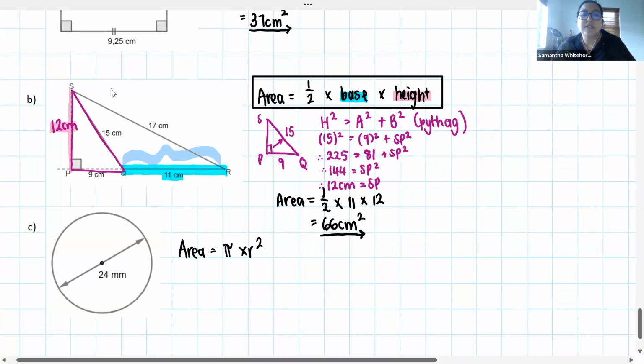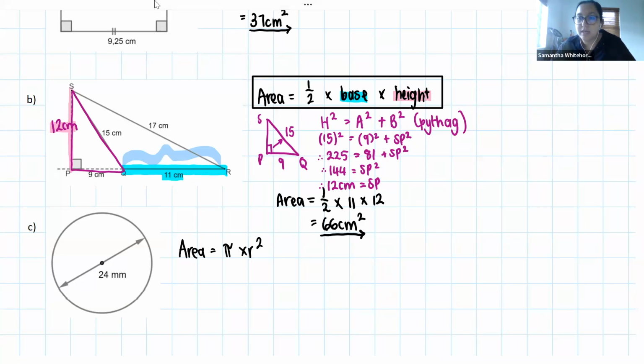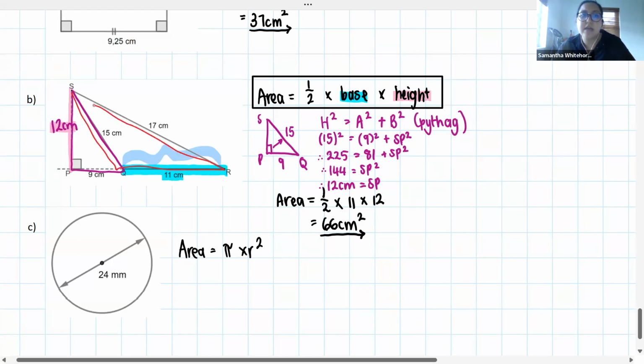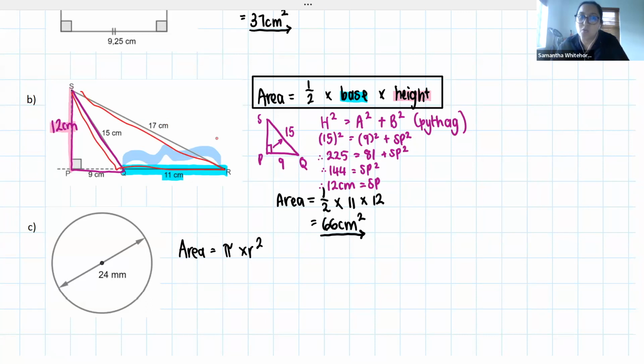Okay, so the 17 centimeters would only be useful to us if we wanted the perimeter, because then we would add up our 3 lengths. But in this case, the 17 centimeters is neither my base nor my height, and so it's not a measurement that's useful to me. We only ever use 2 of the 3 sides of our triangle. One side won't be useful to us.